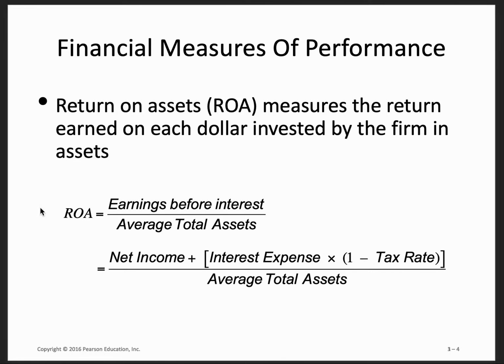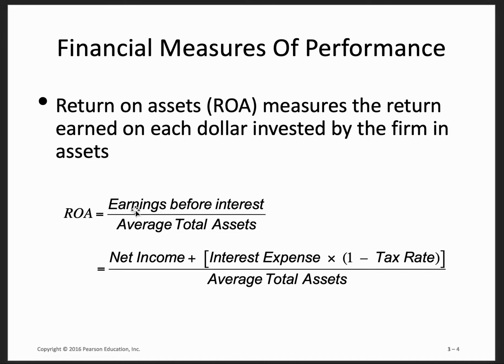The next important performance metric is return on assets. Return on assets measures the return earned on each dollar invested by the firm in assets, whatever assets you have. So it's again calculated as earnings before interest divided by the average total assets, right?